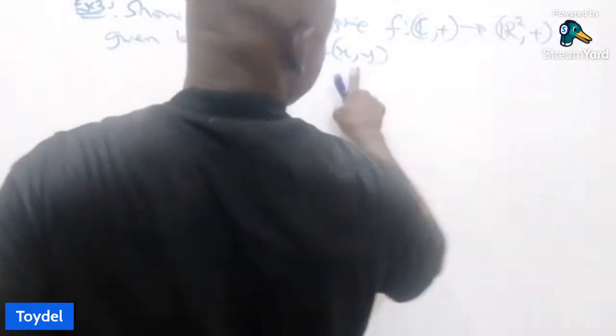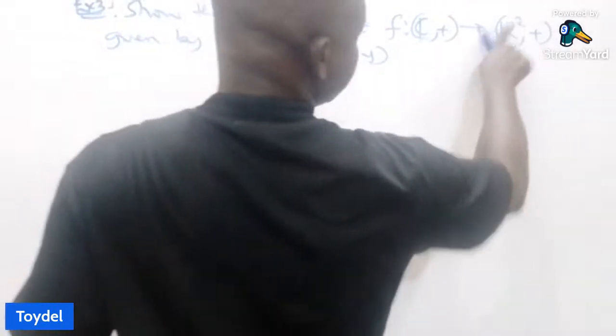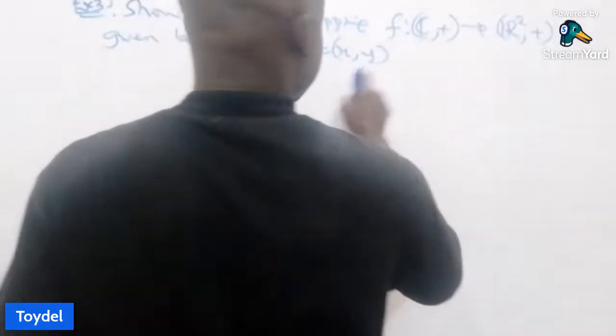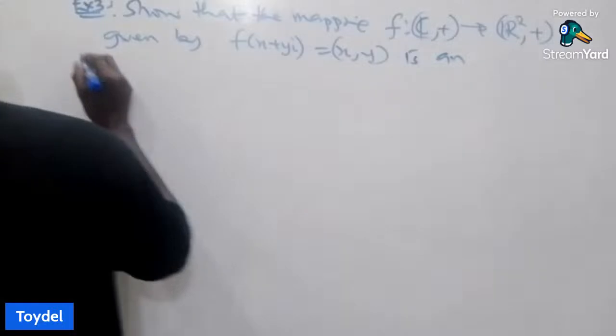Because this is in R2, that's why we have it like this. If this is R1, we only have one coordinate. This is R2, so we have two coordinates.